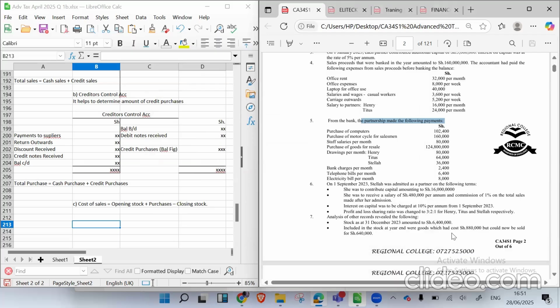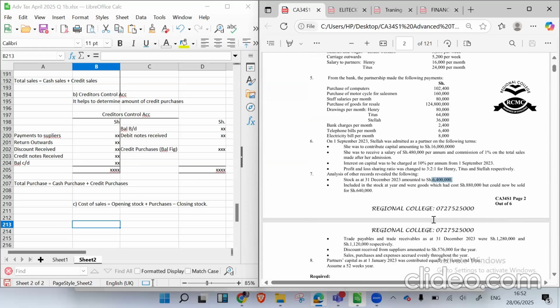So out of this 6.4 million, kuna 880 ambayo can only realize 640. So tunafaa tutoe hiyo difference hapa ndani. So this stock is overstated. You see that? Yeah, so ni kizungu mingi tu examiner hutumia kutuchanganya, but you just need to be keen on details. Then we handle it case by case.